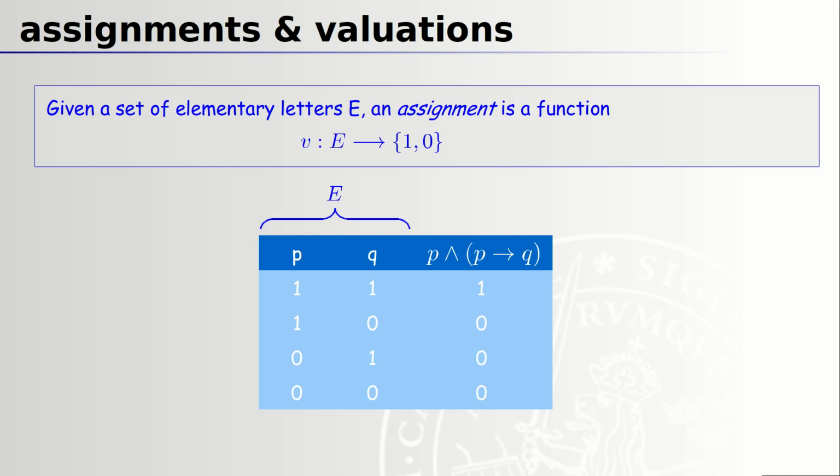Note that in a truth table for that expression, the E would be just the symbols that we assign all combinations of 0s and 1s to, which allows us to then evaluate the expression. Any given assignment uniquely identifies a row in the truth table of an expression.